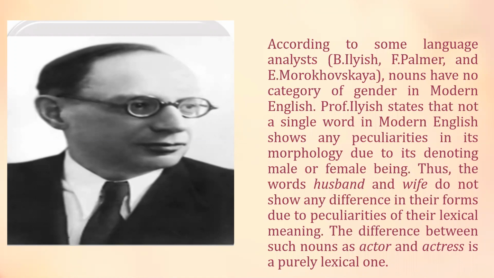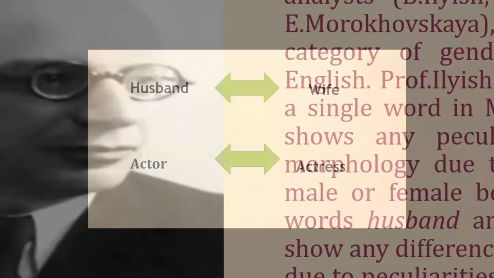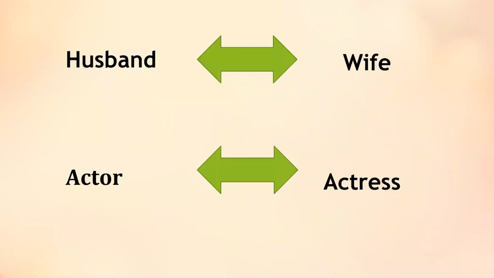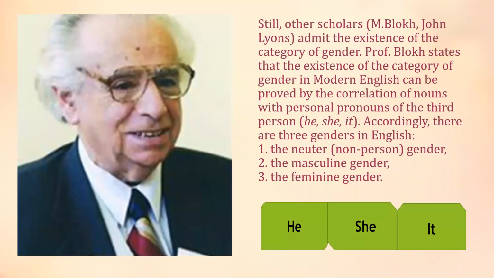Thus, the words husband and wife do not show any difference in their forms, only in their lexical meaning. The difference between such nouns as actor and actress, or husband and wife, is a purely lexical one.